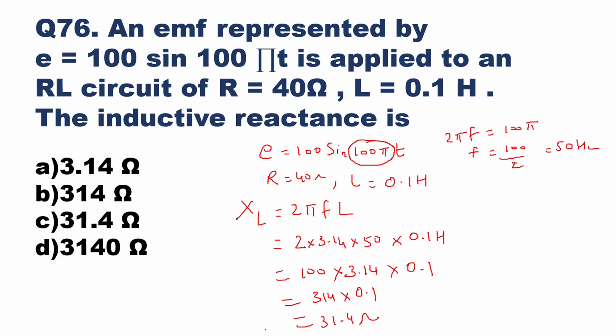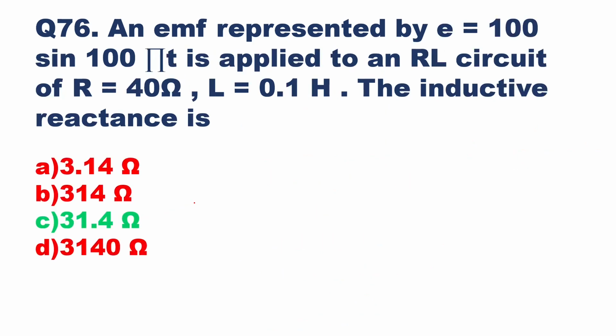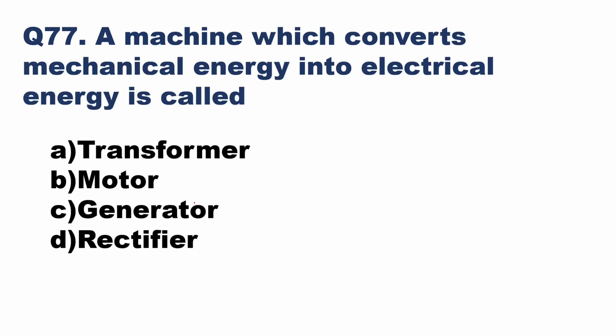So the reactance is given in ohms. So this inductive reactance XL is 31.4. So option C is the right answer here, 31.4 ohms. Then we'll go to next question.